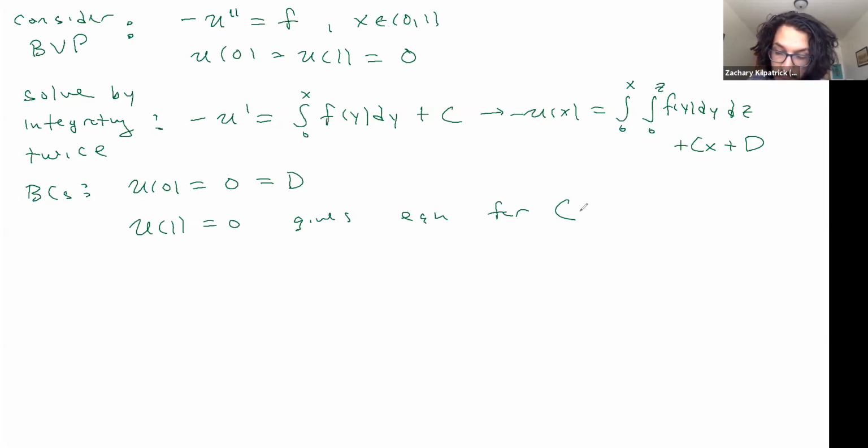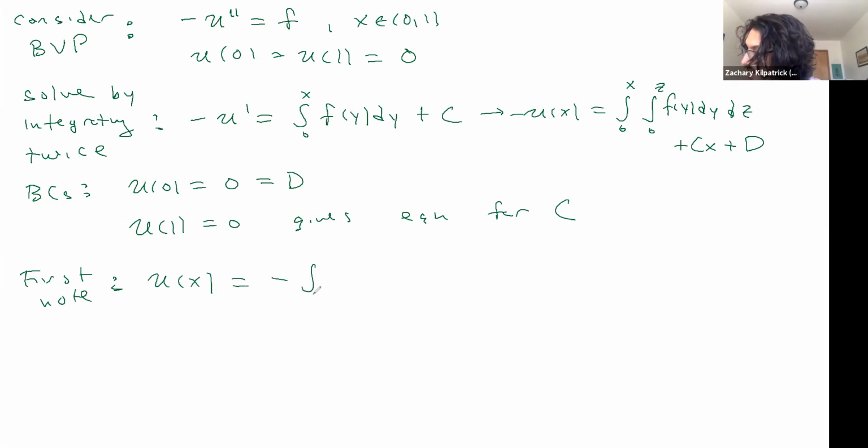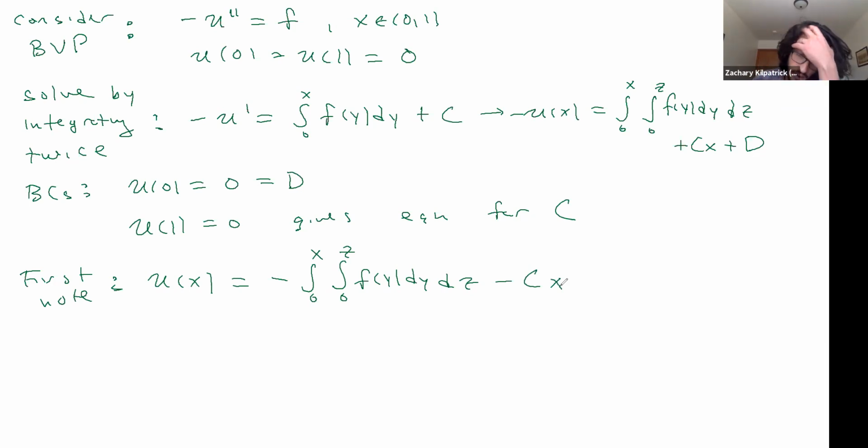So first note the following: I can write u(x) is equal to minus the integral from 0 to x, integral from 0 to z, of f(y) dy dz minus cx.